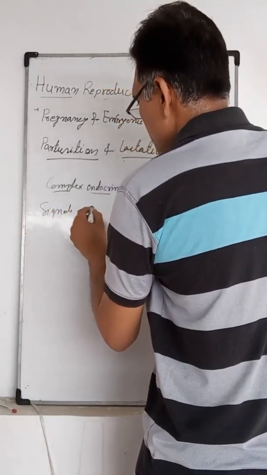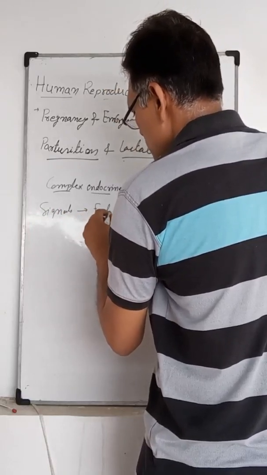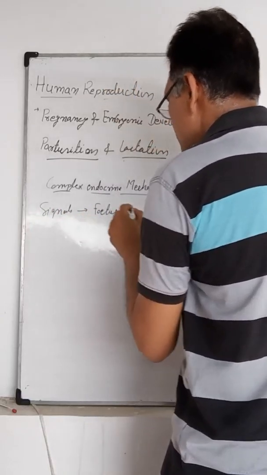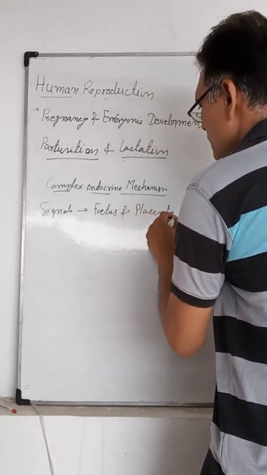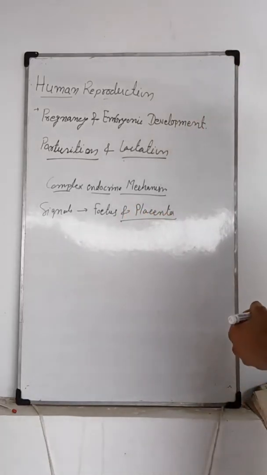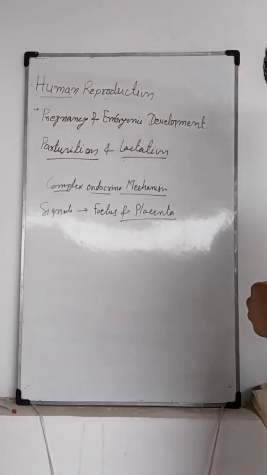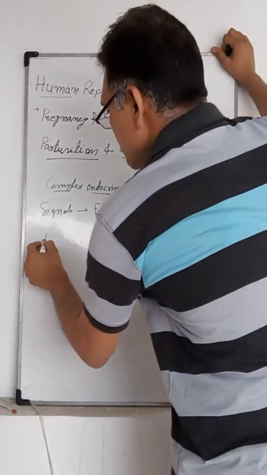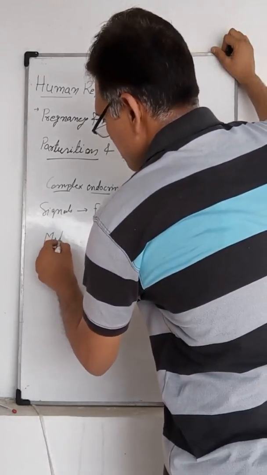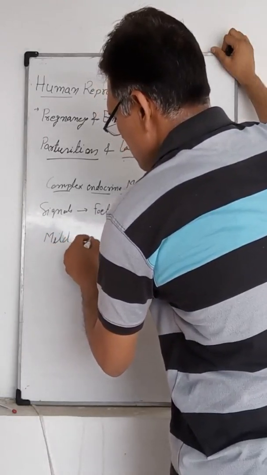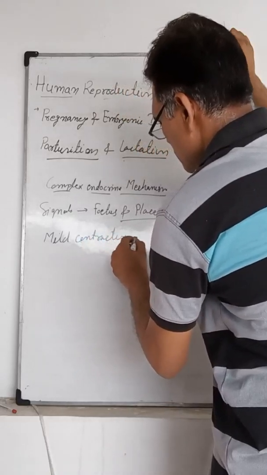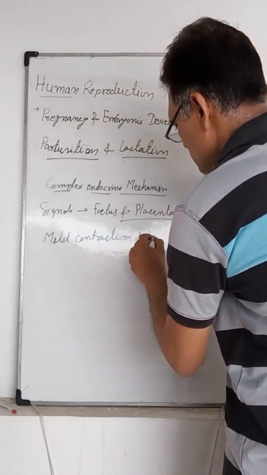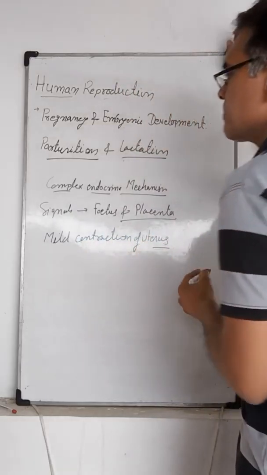Signals developed from the fetus and placenta induce mild contraction of the uterus.